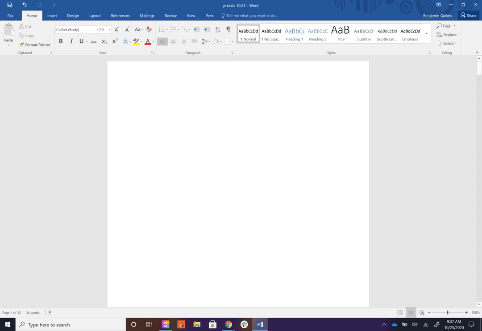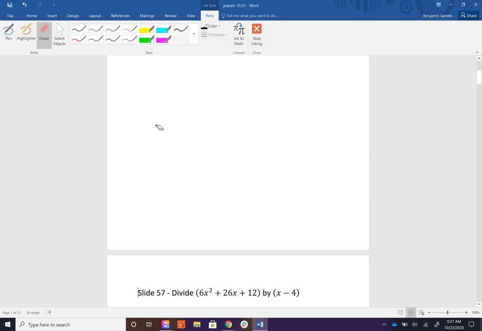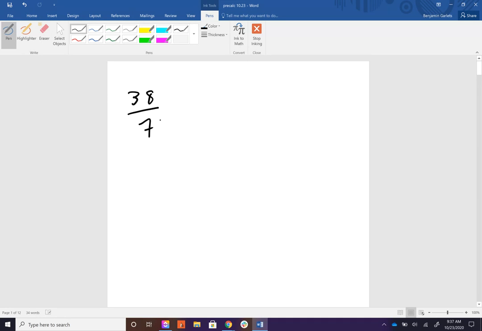So in the slides, in ClickUp, we saw something that looked like this, 38 over 7. Maybe if I can draw it right, 38 over 7. And what this means is that it's the same thing as 38 divided by 7.